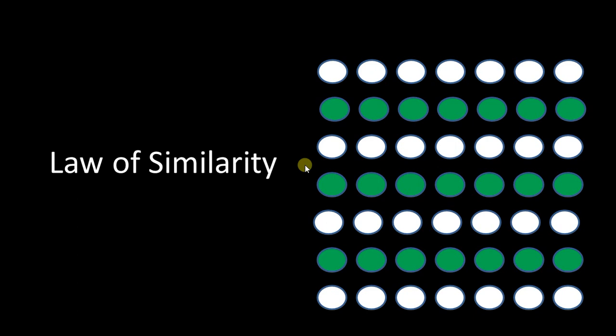So this is a sort of perception. So law of similarity tells that we often perceive some items which are similar as a group. And this is law of similarity.